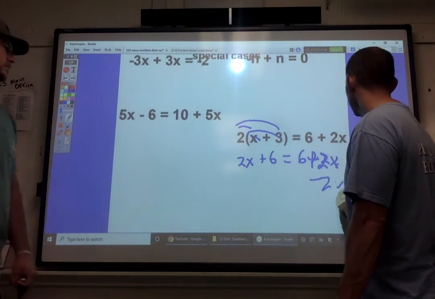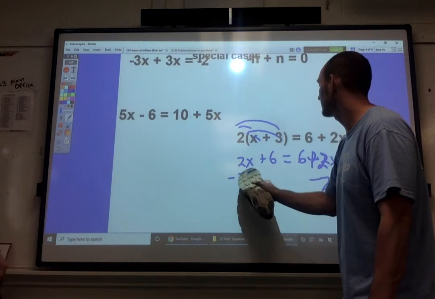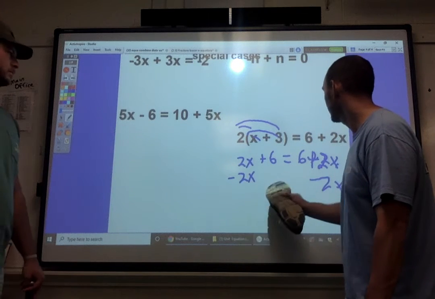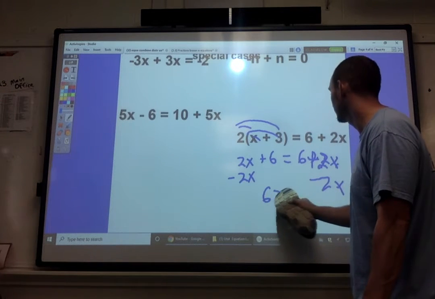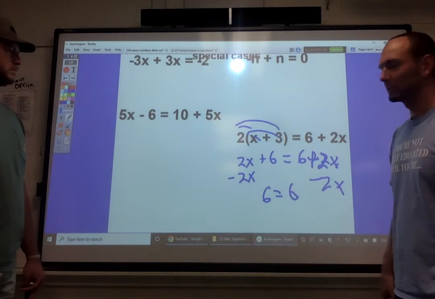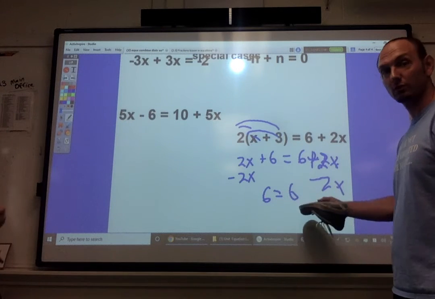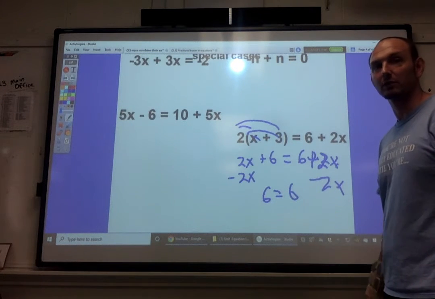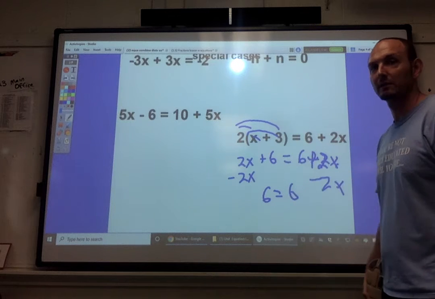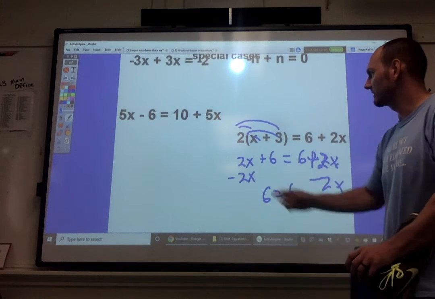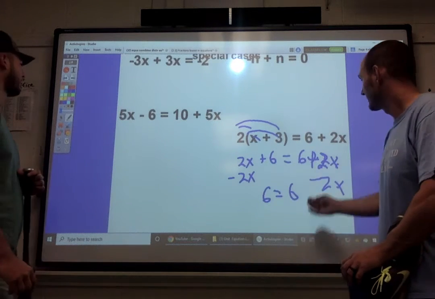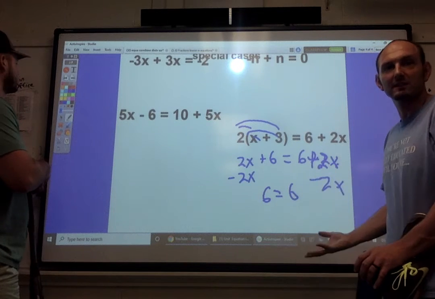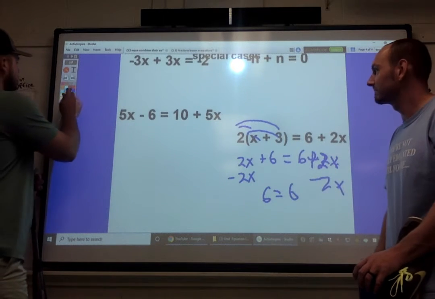Minus 2x, minus 2x, gone, gone. So we're left with 6 equals 6. Just like before. Is that true? Yes, so any number is going to work. No matter what we plug in here, it's going to be the same answer. Because if you double a number and add 6, you double that same number and add 6, you're always going to get the same answer.